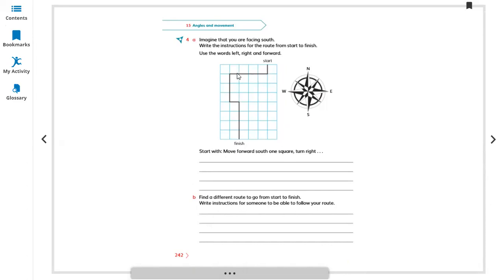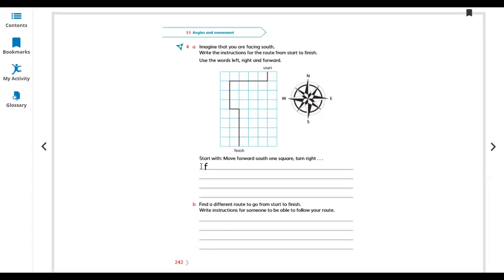One, two, three, four. Turn right, and here you can write. Turn right, four. Right, like this is better. Square.